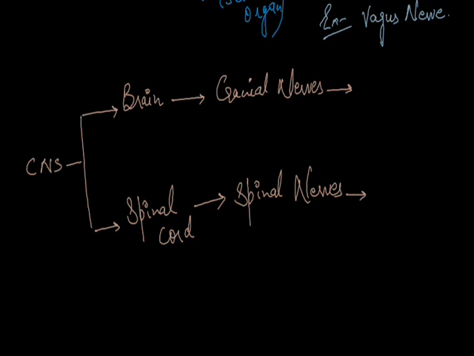So the brain having the nerves called as cranial nerves, and the spinal cord has the spinal nerves. The cranial nerves are 12 pairs, while the spinal nerves are 31 pairs.